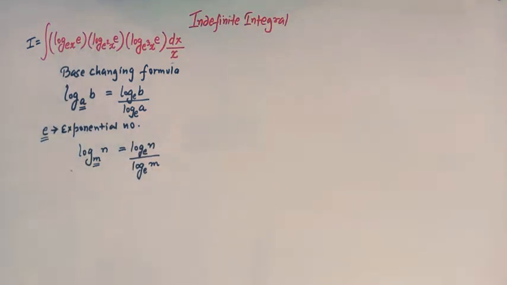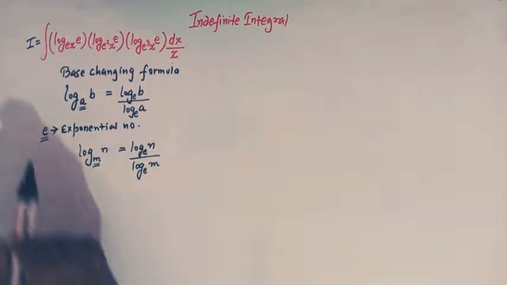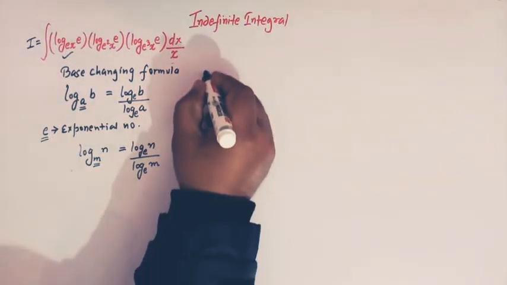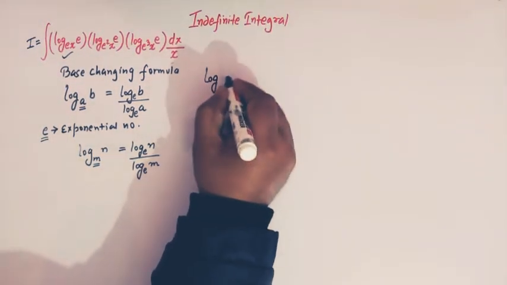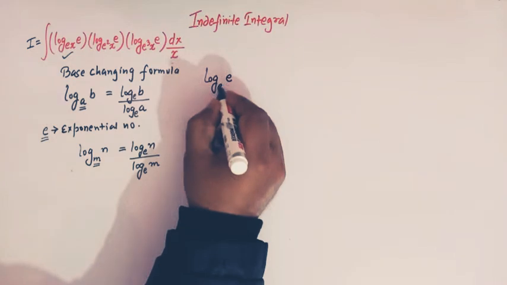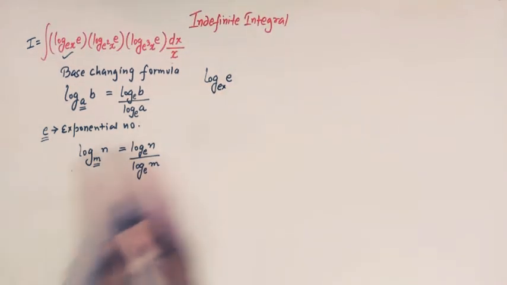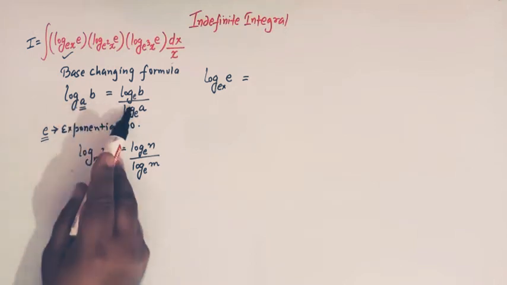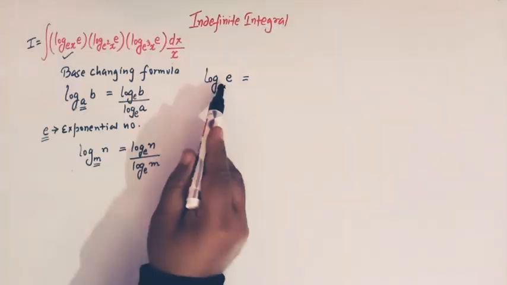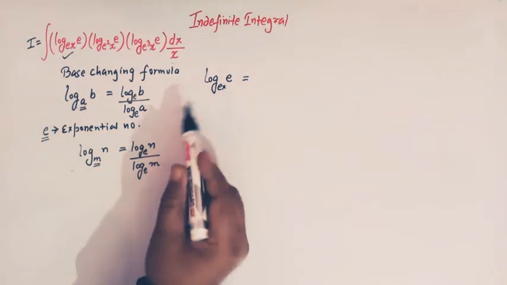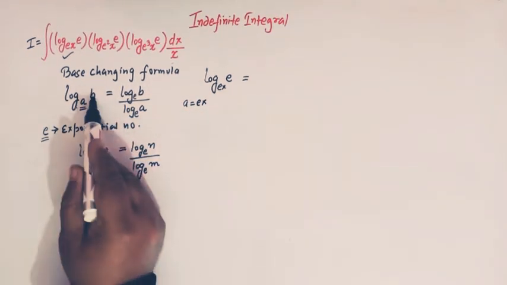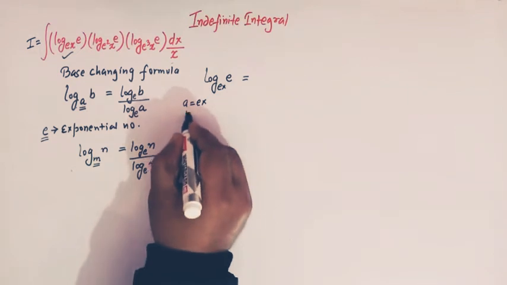Okay, so now here we have to make use of this base changing formula to first simplify these three terms. Now let us first take this term, right? So we have log of e, and the base is e^x, right? So now if we make use of this result, then if we compare, then we have a is equal to e^x, right? And b is e, right?